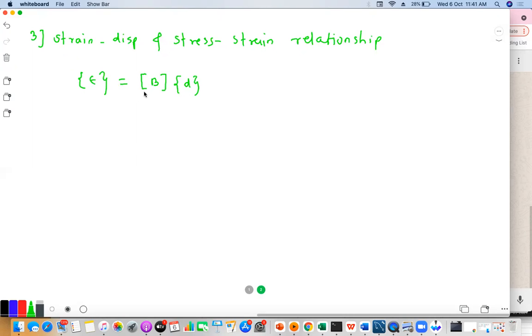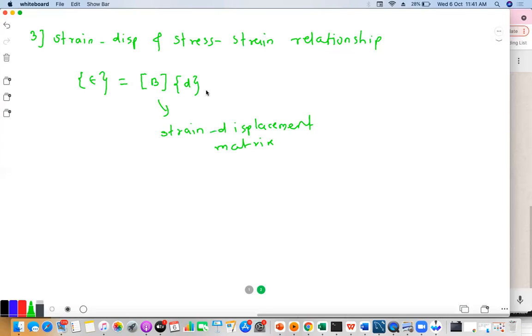This d is my displacement, and B is my strain displacement matrix.